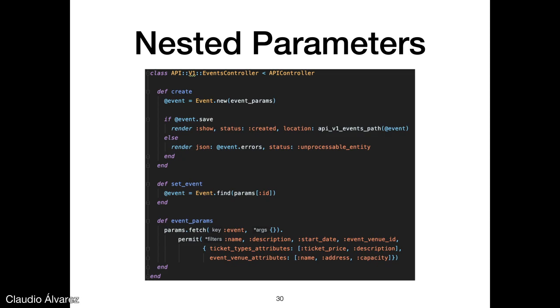Entonces, ticket type attributes es una clave, es un key de un hash acá, como pueden ver, y el valor asociado es un arreglo que contiene los parámetros, los atributos de un ticket type, el price y el description. Event venue, la misma cosa. El event venue tiene un nombre, una dirección y una capacidad, ¿ya?